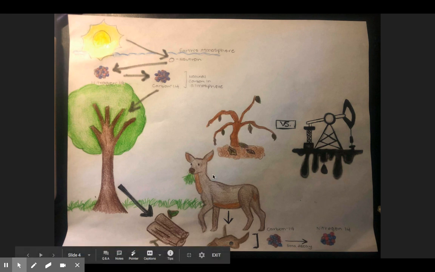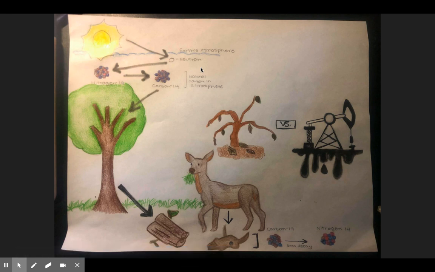This is my creative project, where I give a picture of the process, the cycle of carbon-14 within our environment, from how it enters our Earth's atmosphere, and how the collision of the neutron with nitrogen-14 creates carbon-14, and how while carbon-14 is in our atmosphere, carbon-12 and 13 are also in our atmosphere.